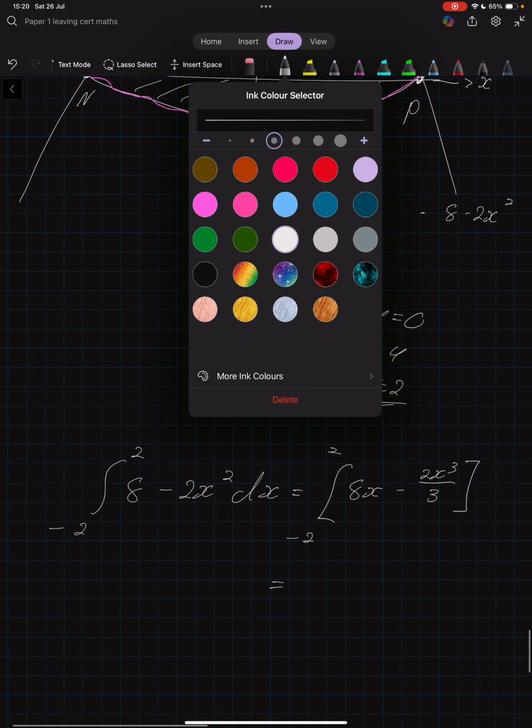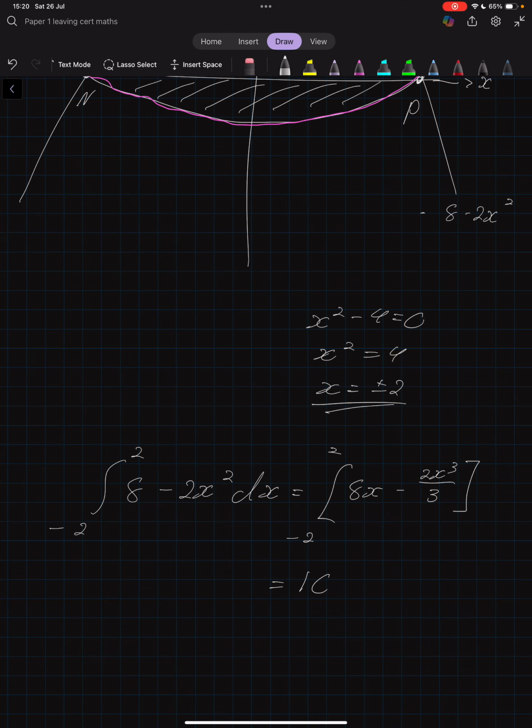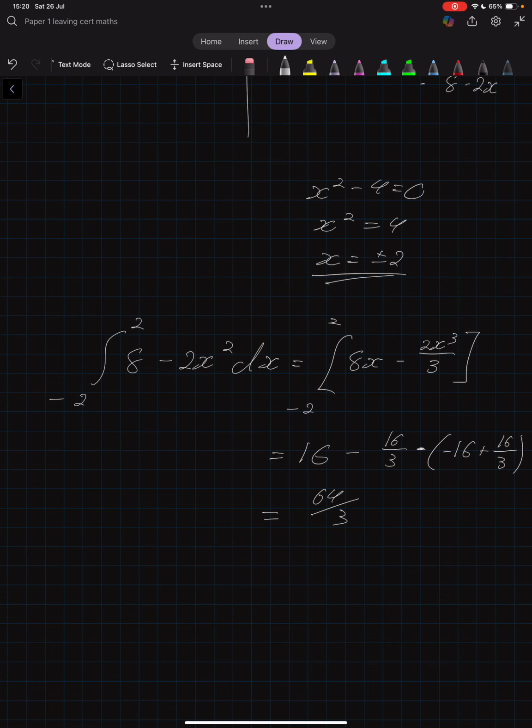Plug in 2, I get 16 minus 16 over 3. Minus, then plug in minus 2, I'm going to get minus 16 plus 16 over 3. So this will just end up being 64 over 3. Just plug that into your calculator and it'll come out to be that.